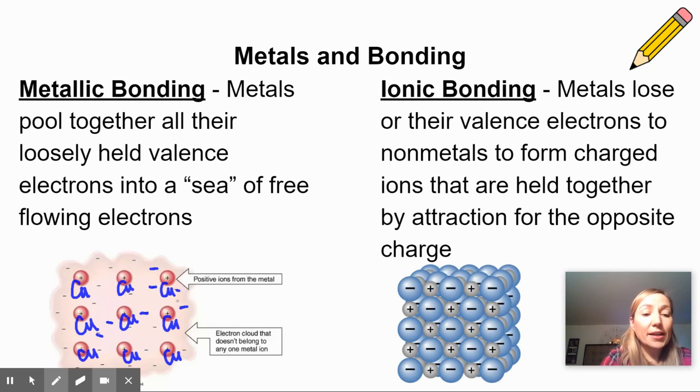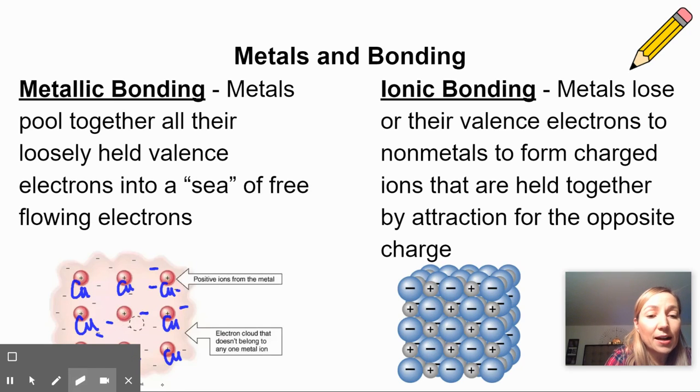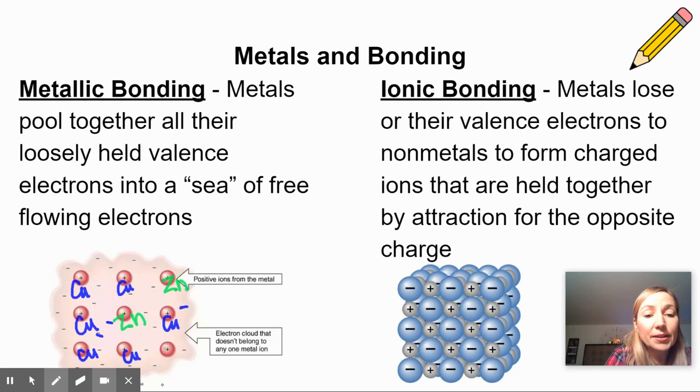Now, what if we changed some of these copper atoms to another element like zinc, for example? If we had a mixture of copper and zinc metal atoms, we could make an alloy like brass.